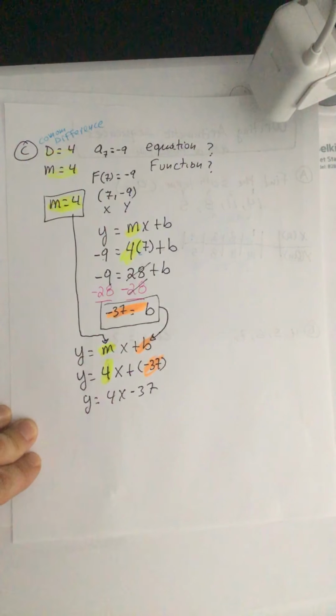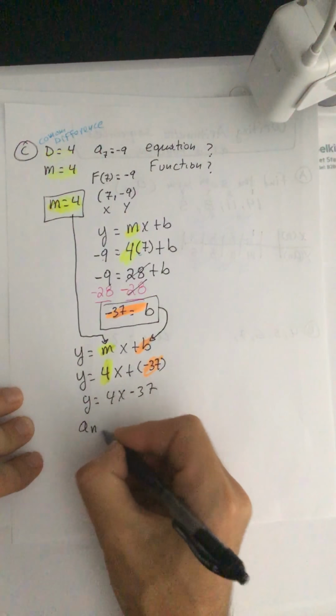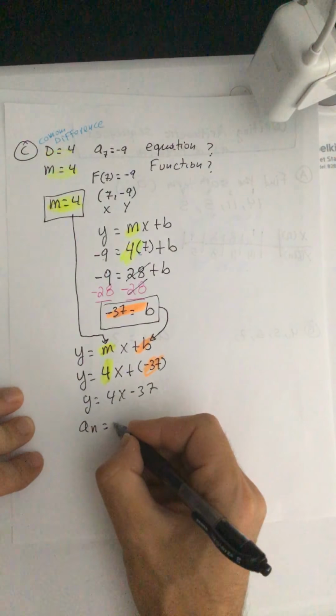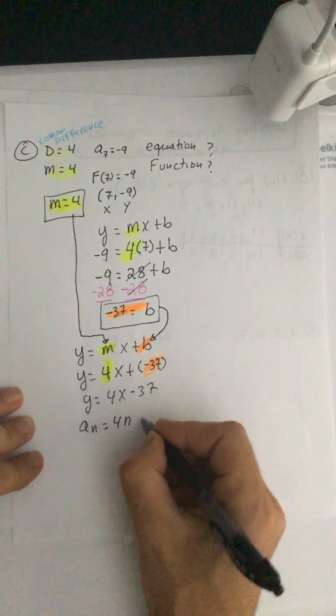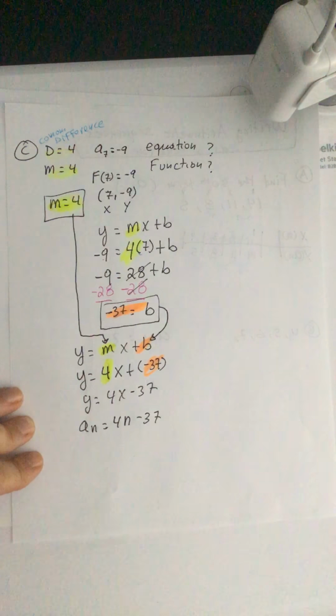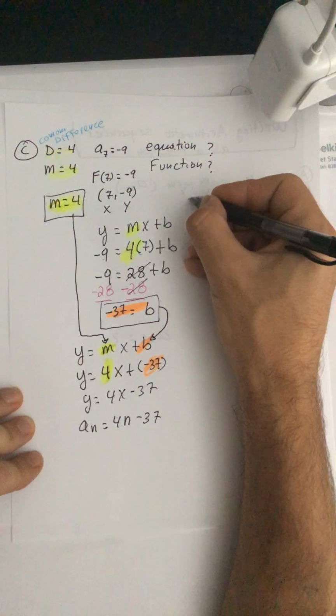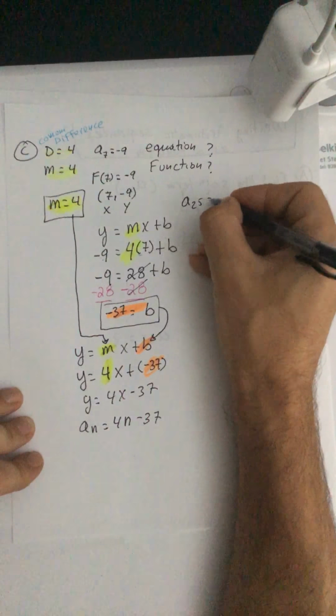Now I'm going to write it down in function form using the a_n. So I can write it down as a of n, or a_n, equals 4 times n minus 37. I'm looking for what term? Oh, I forgot to tell you. Let's say that I want to look for the 25th term.